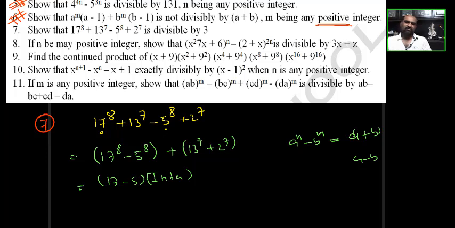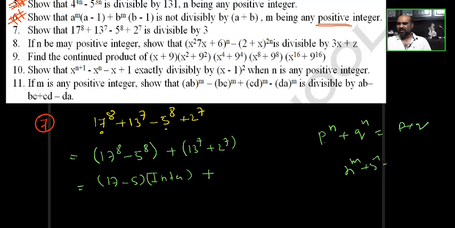I hope you people understood, no? First bracket is of the form a power n minus b power n, divisible by a minus b whether n is even or odd. Okay, now the second bracket is in the form of p power n plus q power n, and n is odd here. If n is odd, p power n plus q power n is divisible by p plus q. Already we have the theorem: x power m plus y power m is equal to x plus y into some integer if m is an odd natural number, just like a cube plus b cube is divisible by a plus b.